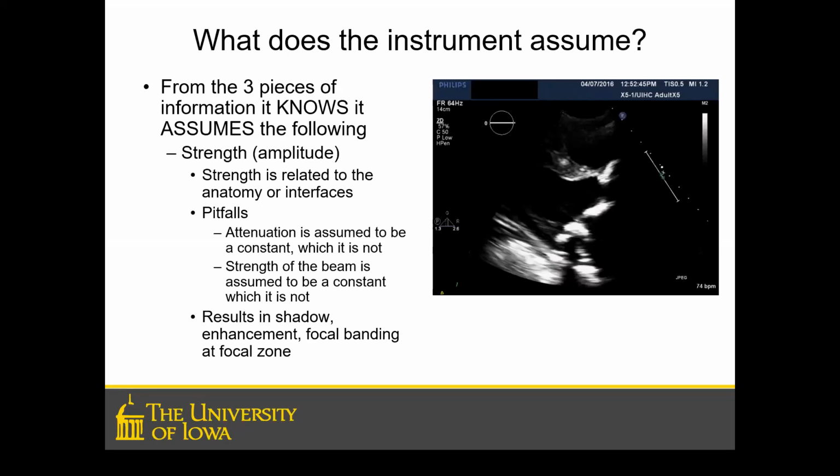Well, part of the reason that you've never seen, I hope, focal banding is because the sonographers that you work with specifically turn down the TGC where the focus is, so you don't get that banding effect. So sometimes I'll talk about artifacts that could be there, but hopefully you've never seen, and that's because you're working with sonographers that don't show you those things.